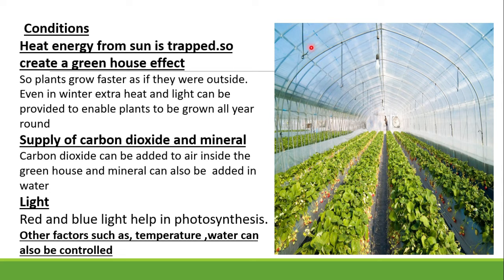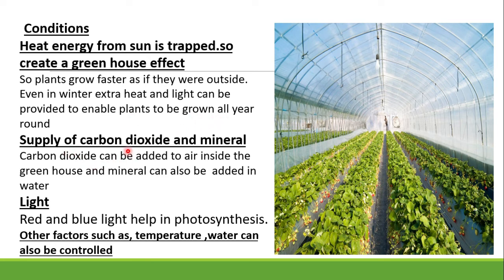Once the energy is trapped, it cannot escape back to the atmosphere, or there is only a minimum amount of energy or radiation that can escape into the atmosphere. So plants grow faster than they would outside. Even in winter, extra heat and light can be provided to enable plants to be grown all year round.